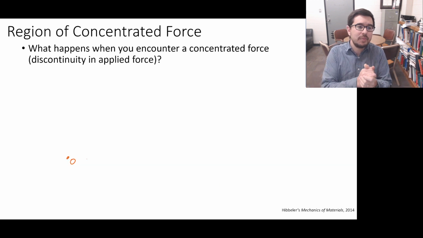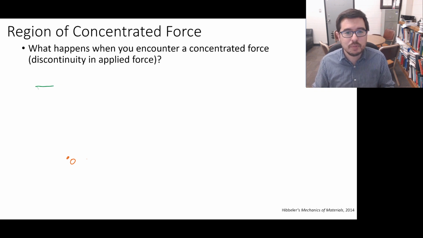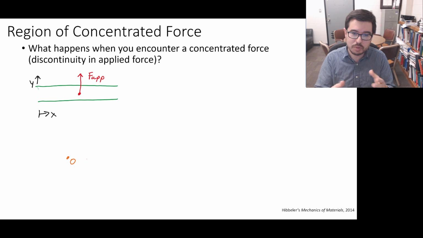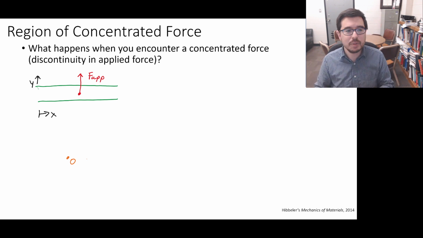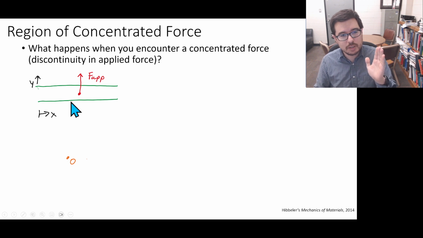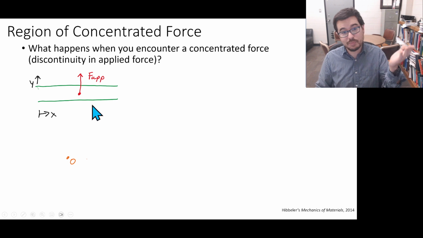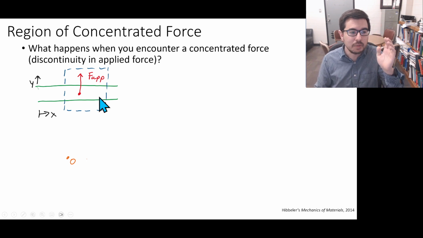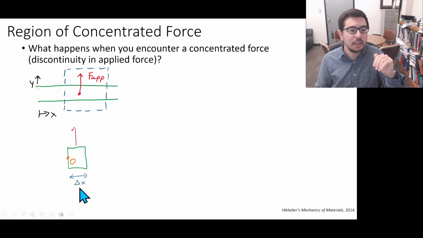Let's look at the case where we have a concentrated force. What happens when we encounter this concentrated force? We're moving along, there's F app, and we want to know what was going on just before we got there and what was going on just after. So let's take an element that just encompasses this F app, and we'll say that this element has the applied force and it has a very small width, delta x.